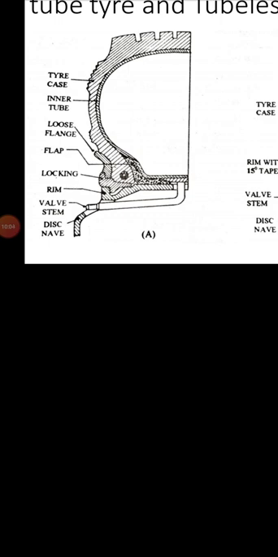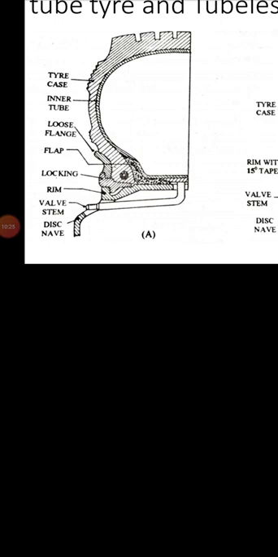In the tubeless tire, the tire valve is generally positioned in a hole formed in the rim base, on one portion of the rim.